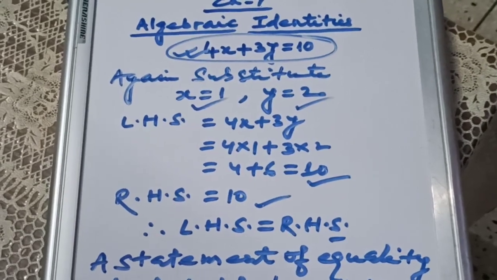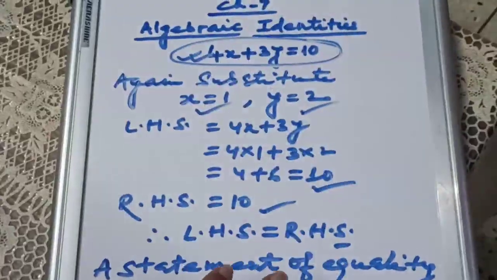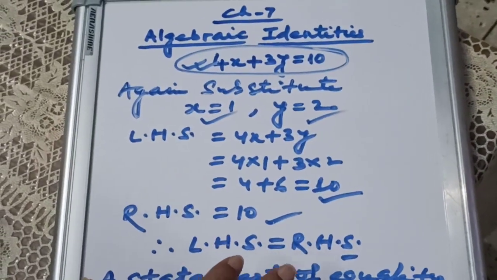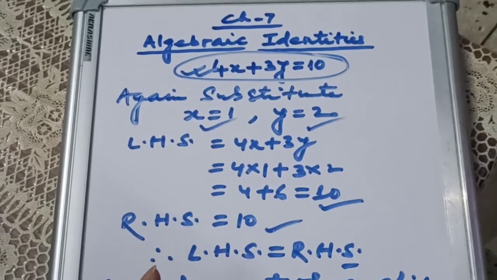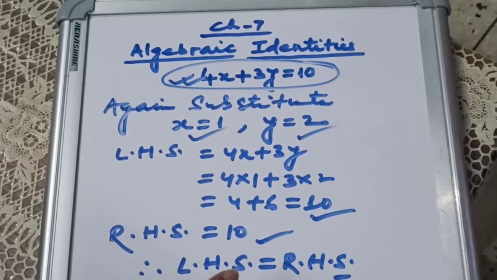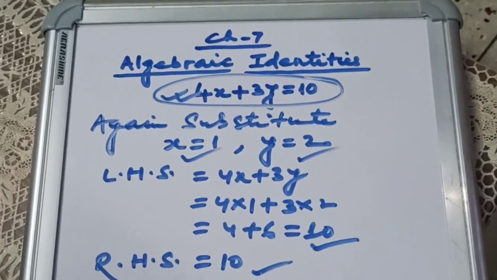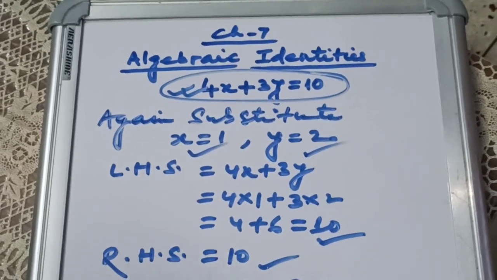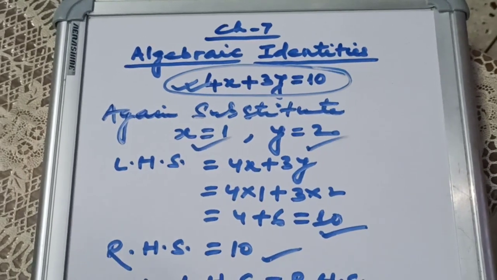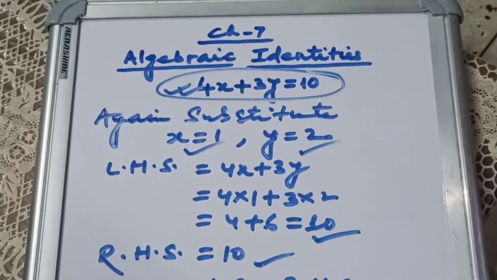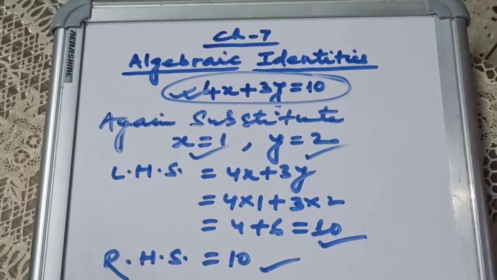Okay. Now in this chapter, algebraic identities, I will be discussing the identities which arise as product of binomials: a plus b, a minus b, a plus b with itself, a minus b with itself, and a plus b with a minus b.